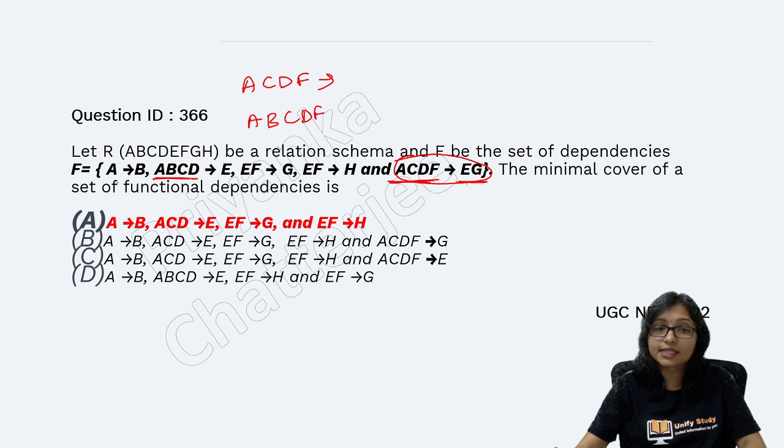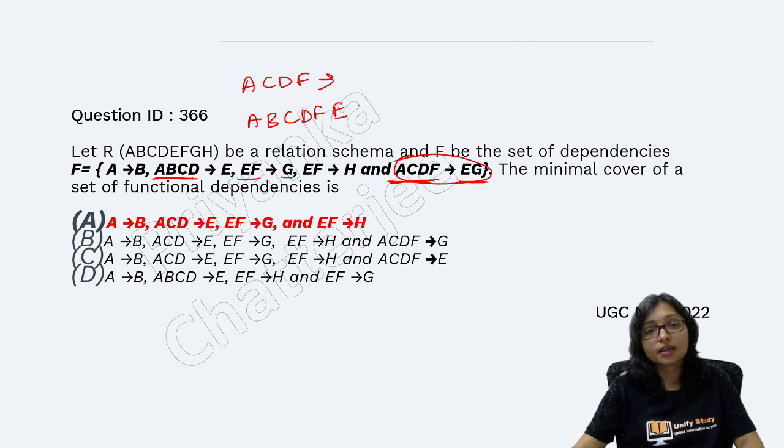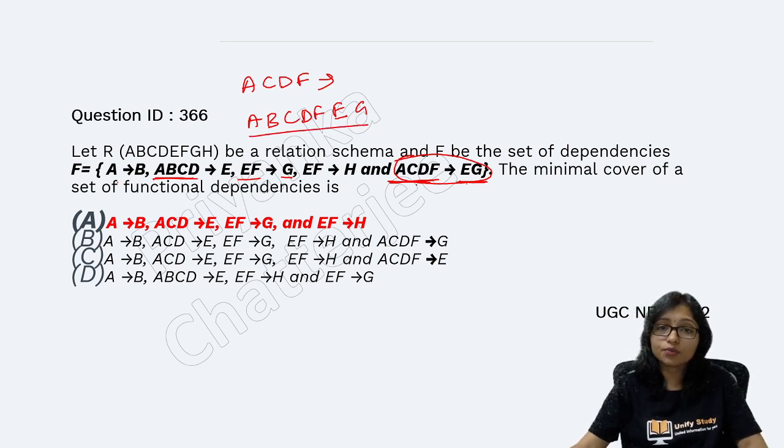Now A, B, C, D together can determine E, and E, F together can determine G. So everyone can be determined. Without this also I can determine all, so no problem, I can eliminate this one.